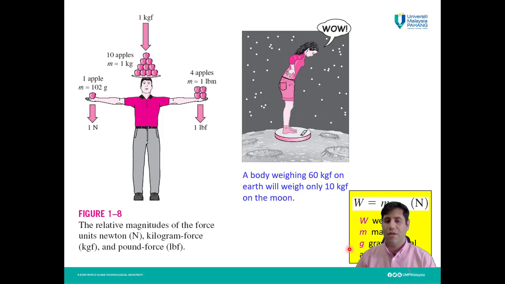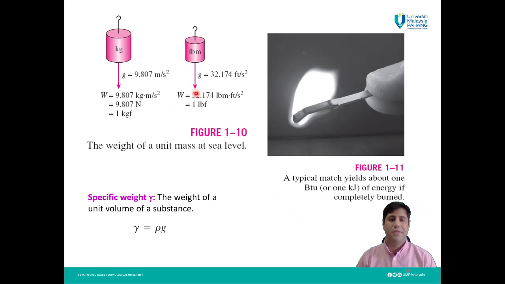On the Earth's surface, roughly the gravitational acceleration is 9.8 meters per second squared. And here you can see also a different method to show the weight.